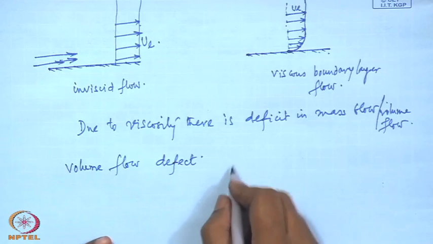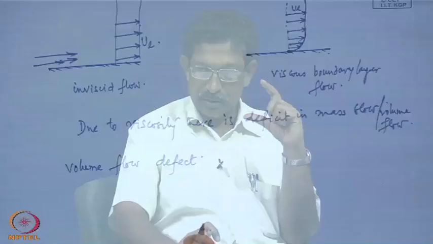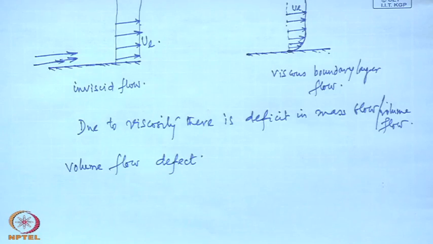So, consider only the thickness of delta E, because above delta E it is again the same. So, there is no difference, that part will be the same. So, only up to delta E there will be a difference. So, in the inviscid flow, how much volume would have flowed through that length? U E into delta. Unit width you can consider, of course. So, the area would have been delta into 1.